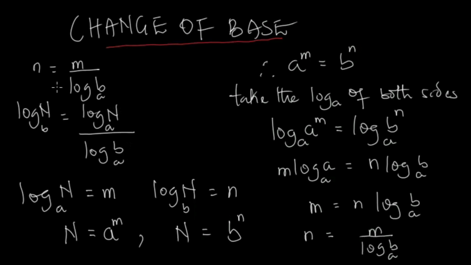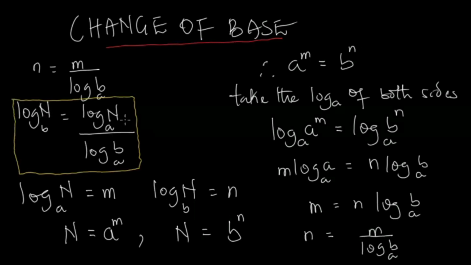And that is how we arrived at our formula for change of base. The log of the number to a different base over the log of the base to a different base.